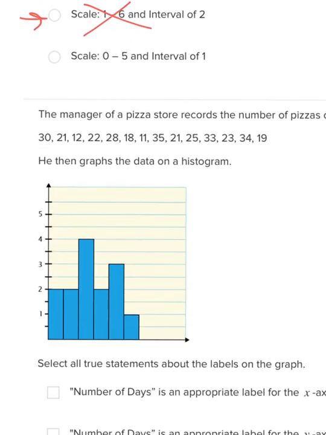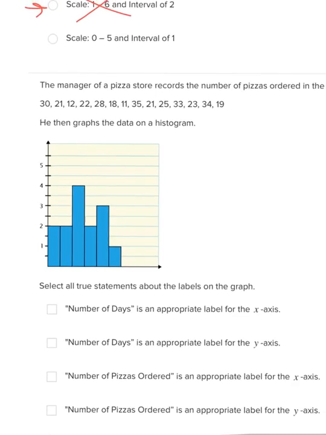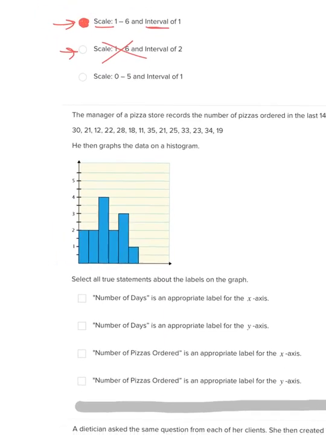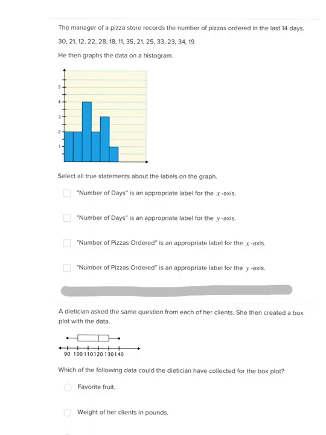question. The manager of a pizza store records the number of pizzas ordered in the last 14 days. So he's got 30, 21, and so on. He then graphs the data on a histogram. Select all the true statements about the labels on the graph.